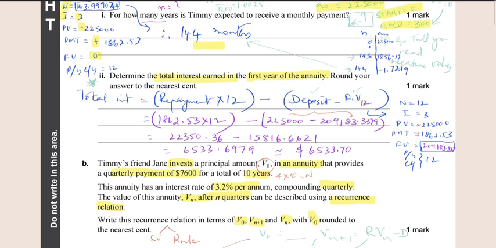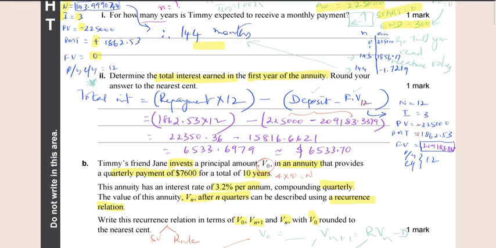Now, how do you calculate that interest? The total repayments minus (deposit minus future value) is actually the interest. The total repayments that he got also included the interest for that one year.